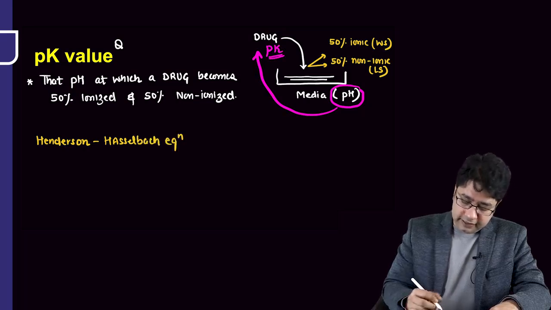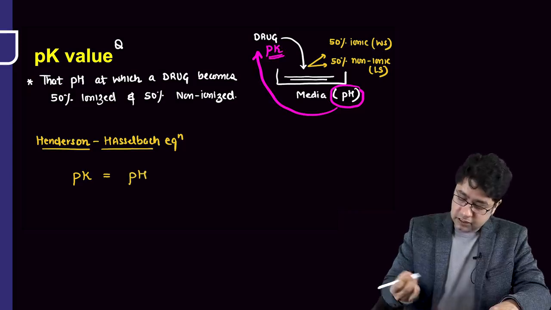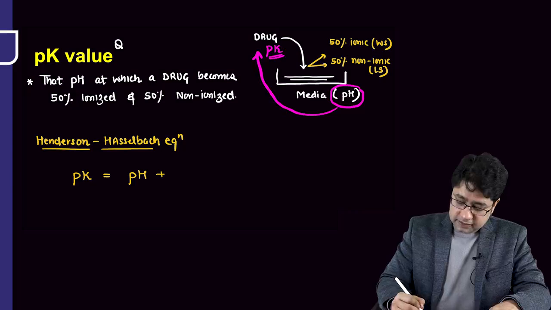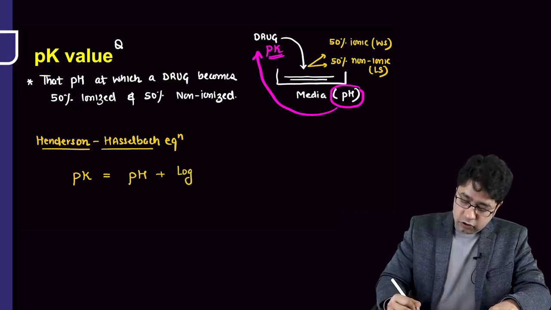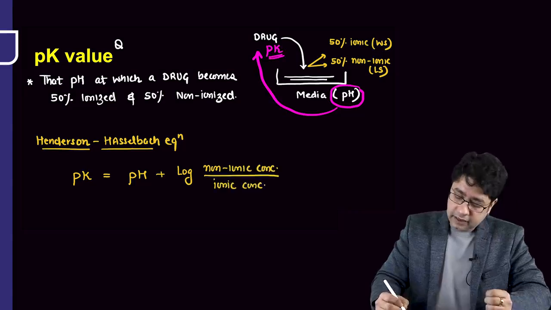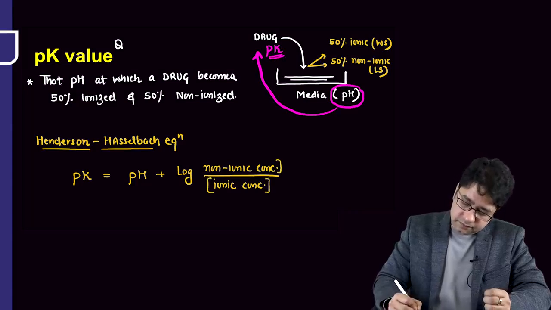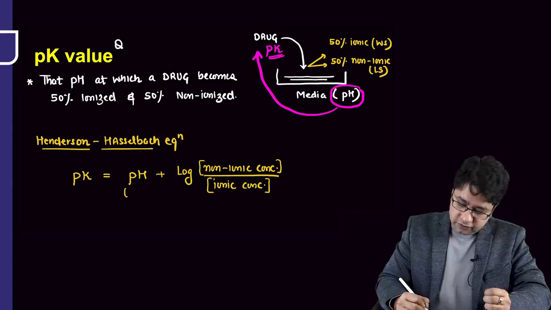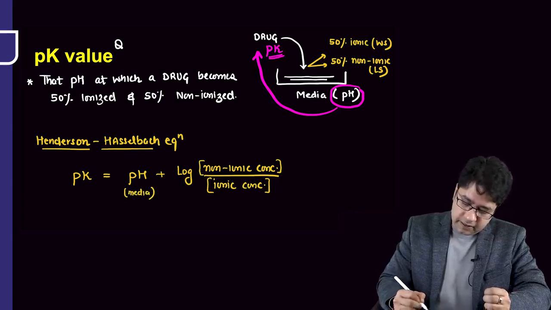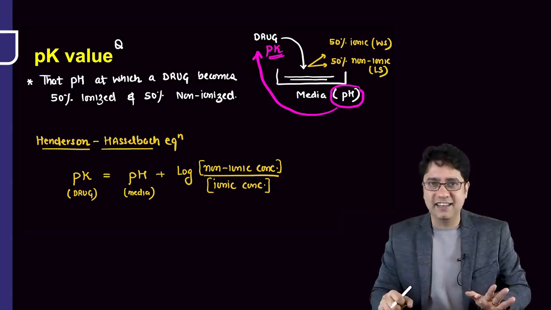According to the Henderson-Hasselbalch equation, pK value is equal to pH of media plus log of ionic concentration of a drug divided by non-ionic concentration of a drug. Okay, so pH of media, pK value of a drug. Fine.